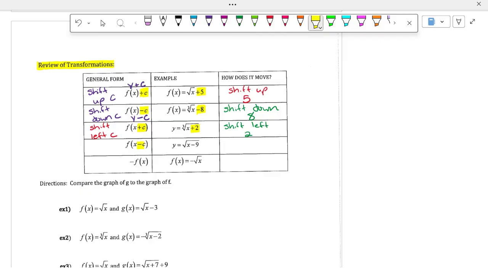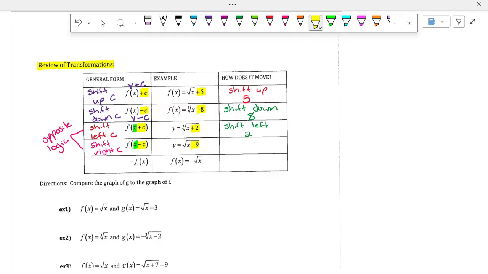On the flip side, if you have minus, again, it's still affecting the x. So both of these are affecting the x values. You're going to shift right c. So these two are opposite what we would think logically. Whatever you think it would be logically, it's the opposite.